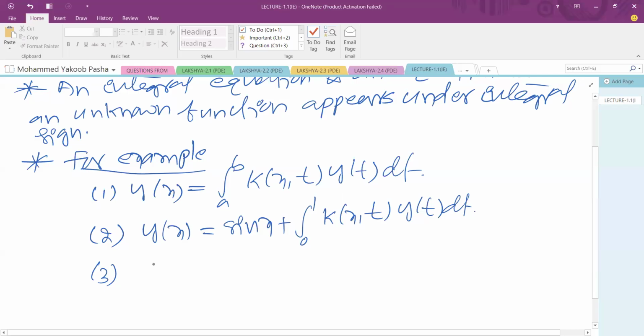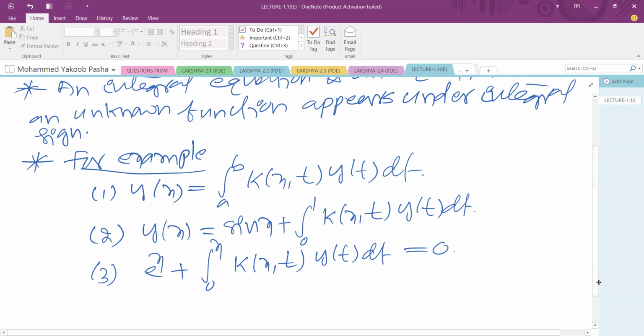So it is an example of an integral equation. And I am taking another example: e to the power of x plus the integral from 0 to x of k of x comma t into y of t dt is equal to 0.